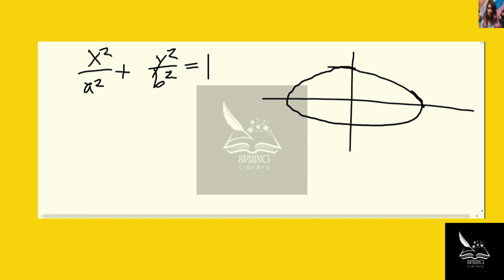We have a major axis of length 2a, and a minor axis of length 2b. Now inside the ellipse we'll draw a rectangle.